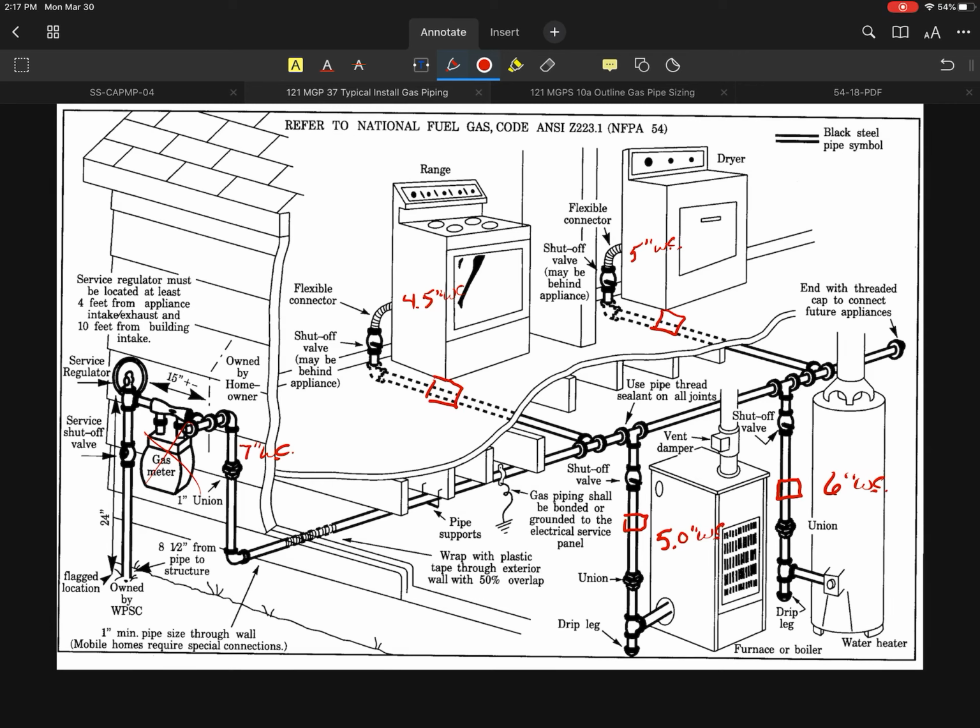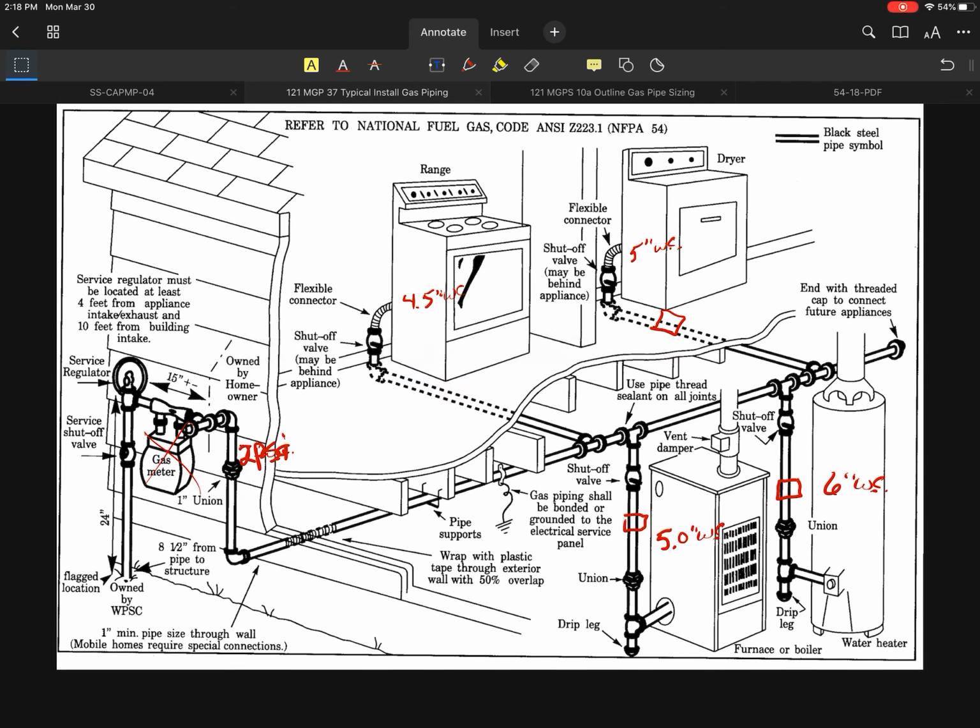That would mean I would be seeing 2 psi at that point, and I would most likely be sizing these systems so that I get roughly about 1 psi of pressure to that appliance or to this regulator. So really in this case, my allowed pressure drop is now going to be a 1 psi drop. And then that would give me 1 psi to that regulator. That's just one example.